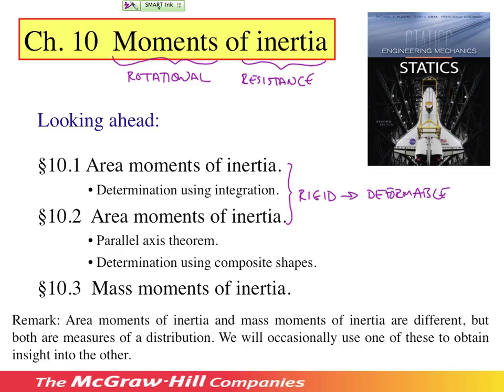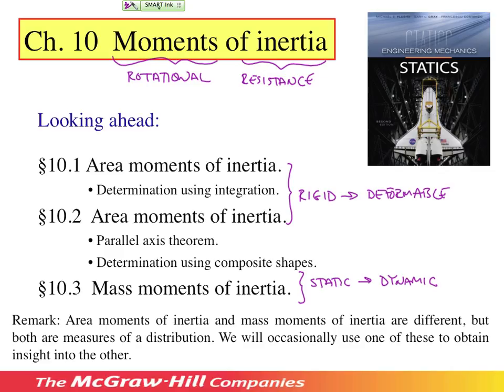The second rotational resistance is called a mass moment of inertia, and, as stated earlier, it tells us the resistance a body offers to the acquisition of angular motion.